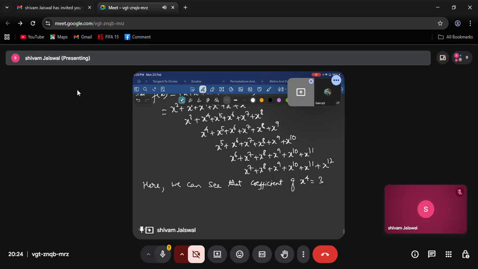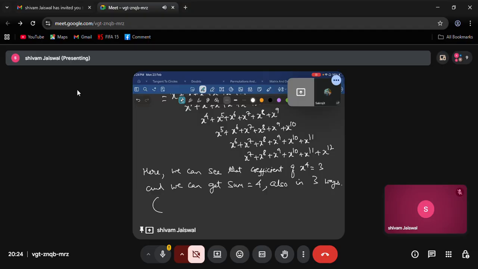And we can get the sum also equal to 4 in how many ways when you roll two dice? Also in three ways, right? Tell me, what are the ways in which you can get 4? 1, 3; 3, 1; 2, 2, right?